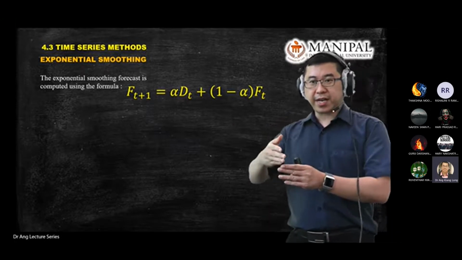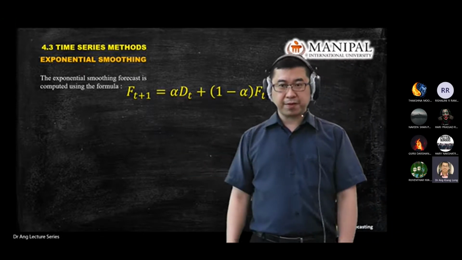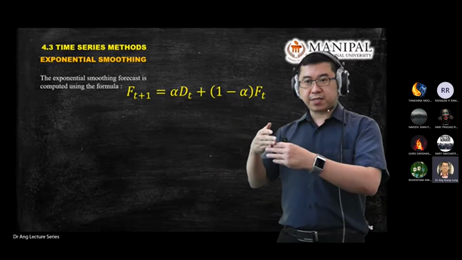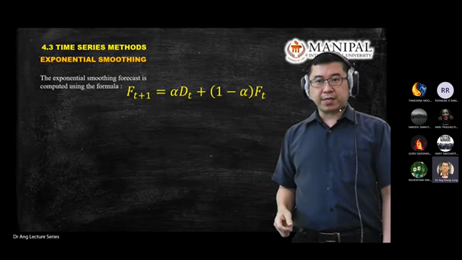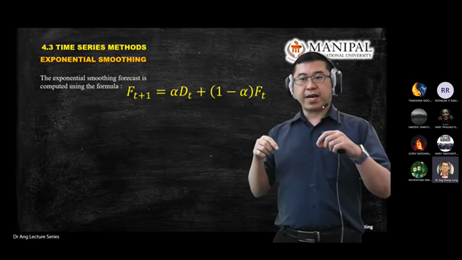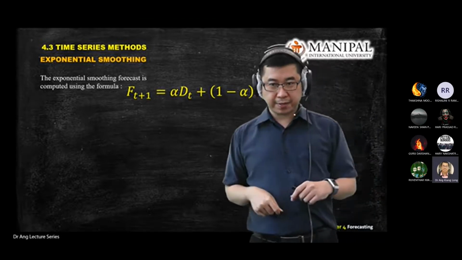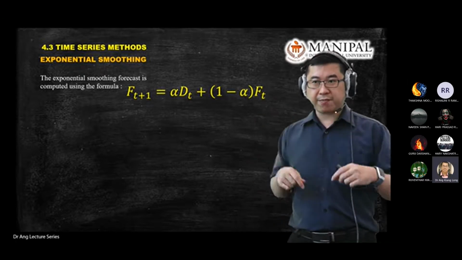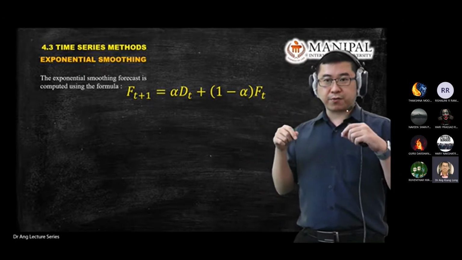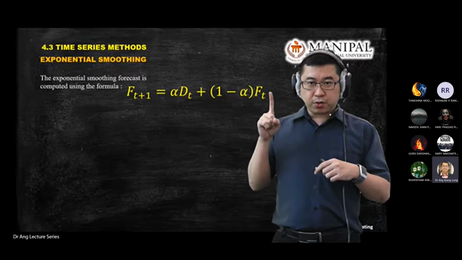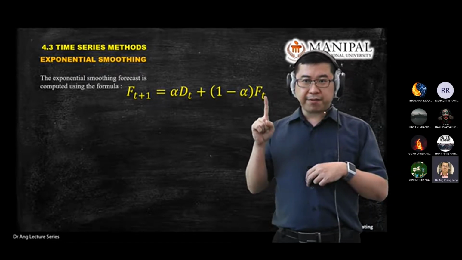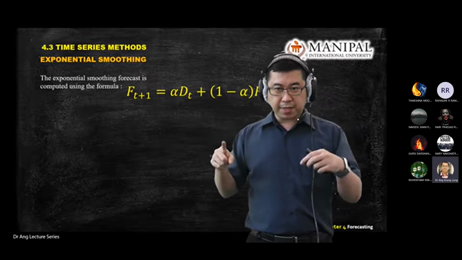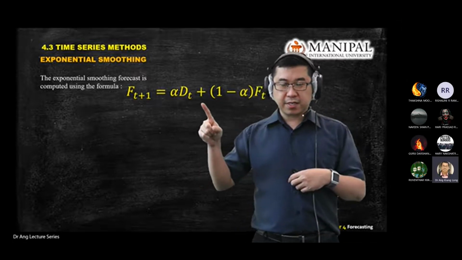It means the next forecast number. For example, if now you're in December, you forecast for December. Your numbers will fall under F sub t and demand at December, D sub t.